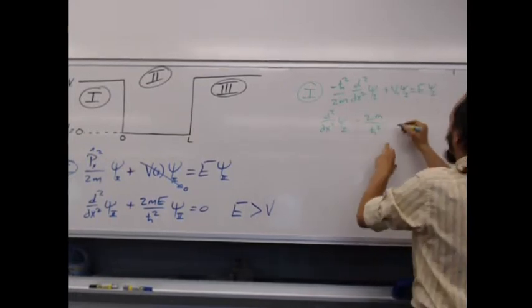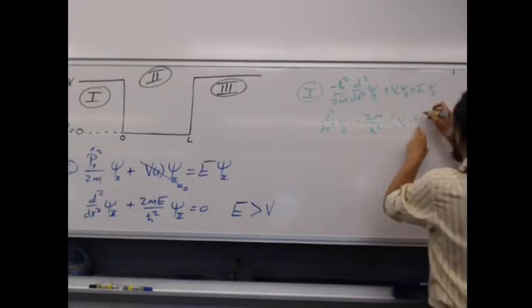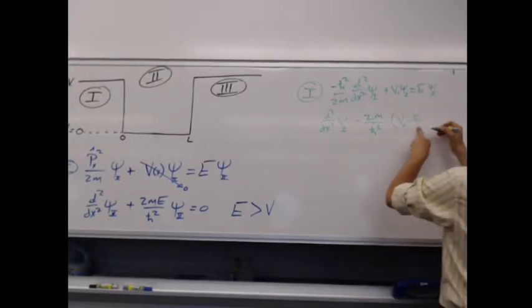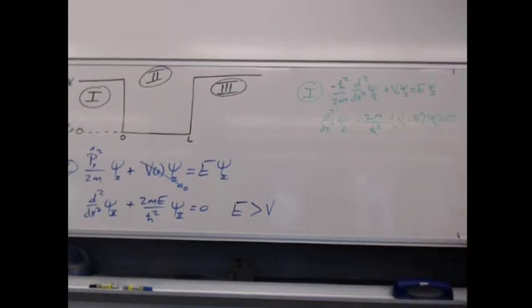I'm just going to subtract this over, so I've got a v naught minus E psi 1 is equal to 0. So I subtracted my E over before I multiplied just so I could keep that factor out front. But notice we get something funny out of this. We get this v naught minus E term.